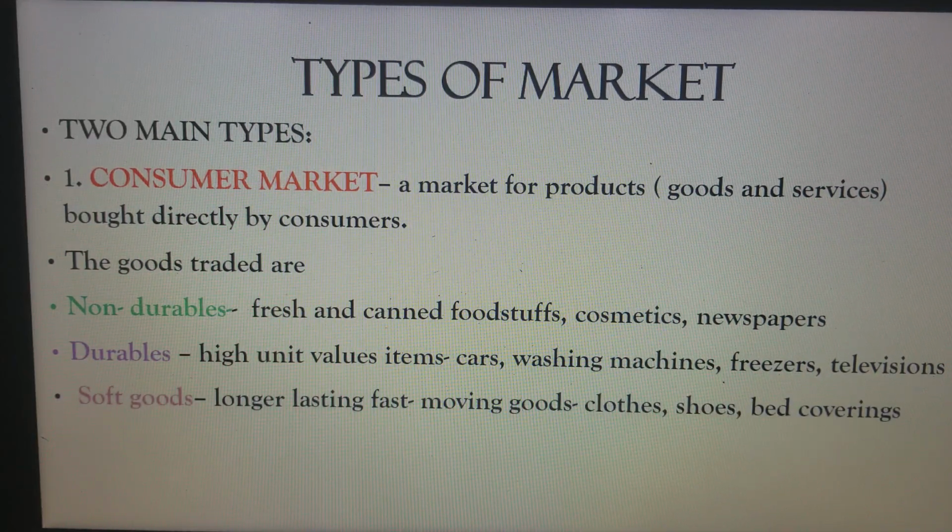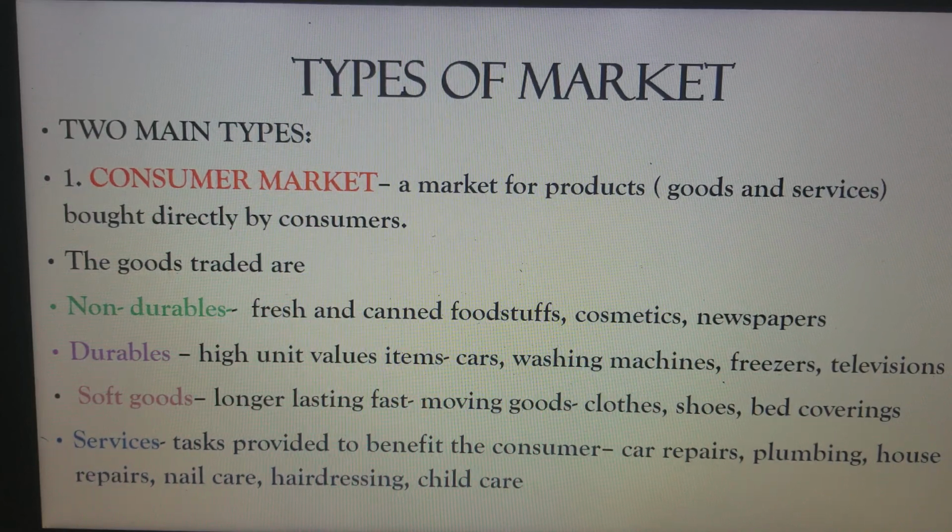Of course, other types of goods that are traded in this consumer market would be soft goods, that is long lasting, fast moving goods such as clothes, shoes, bed coverings.